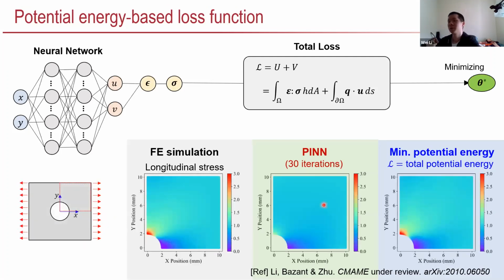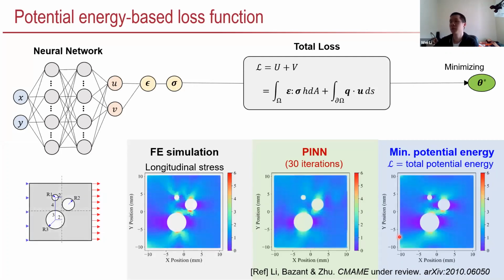But if we try some other cases, for example, the central hole tension, we can see the PINN I mentioned before actually fails to accurately predict the stress concentration here. But for the potential energy-based method, we can successfully predict this stress concentration, and similar phenomena can be seen from this three-hole tension.